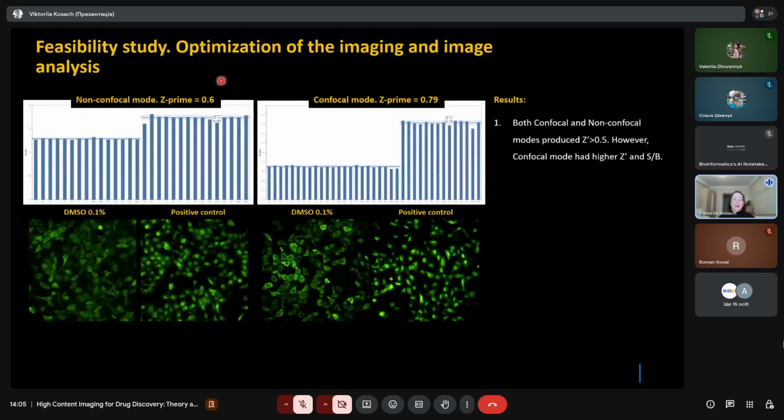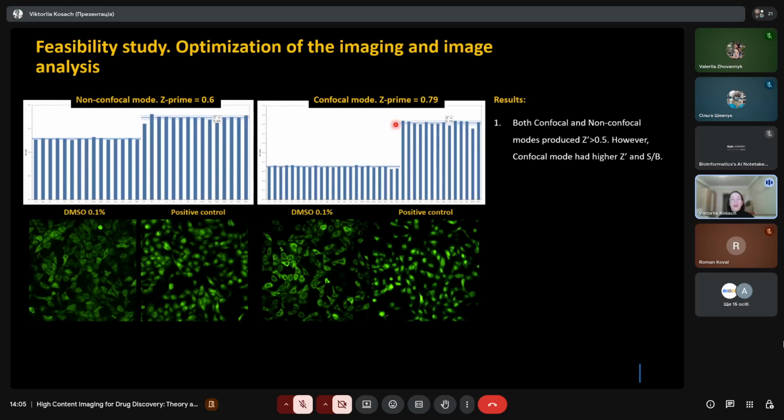Okay, so assay development. Firstly, we had the solvent control or vehicle control. It was DMSO, and we had our positive control. It was a reference compound that is already listed in literature to influence and activate the target. Firstly, we tested two modes of imaging, so widefield fluorescent, not confocal, and confocal mode.